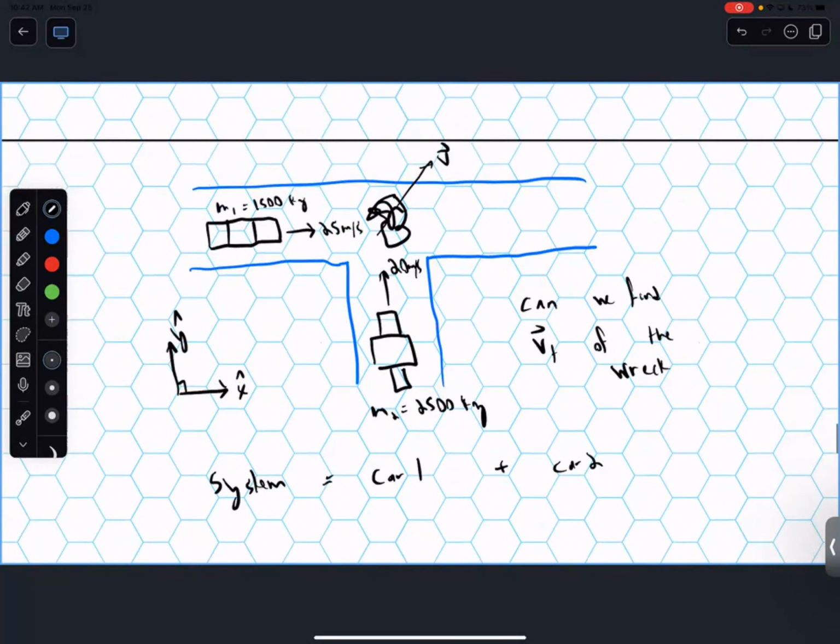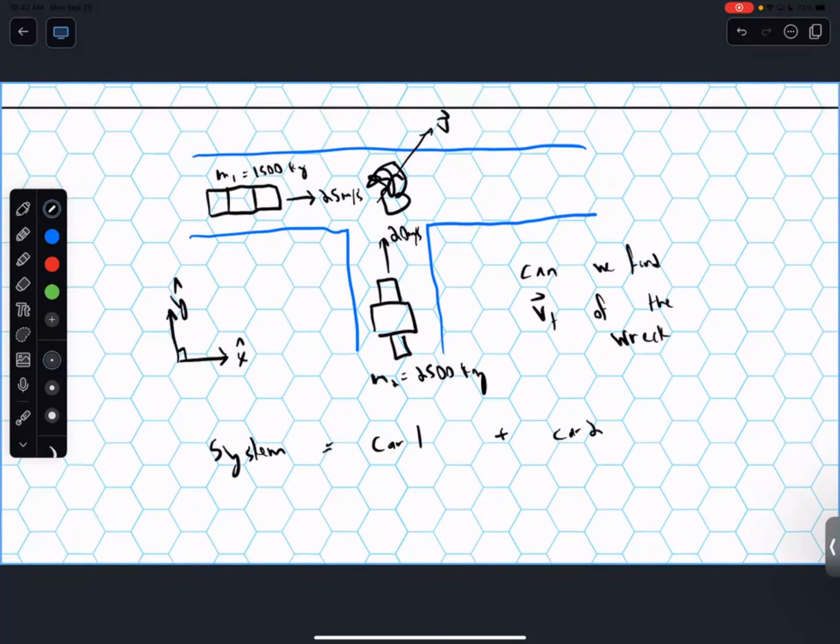And I'm going to say that for this crash, when those two cars hit each other, car 1 can exert a force on car 2 for sure, right? That's what damages it. Car 2 can exert a force on car 1, but the sum of the forces across the entire system is 0. So there's no external forces. No one's coming in and pushing that car or anything. So when I think of the system overall as the two cars, there's no net force. There's just internal forces when the two cars hit each other.